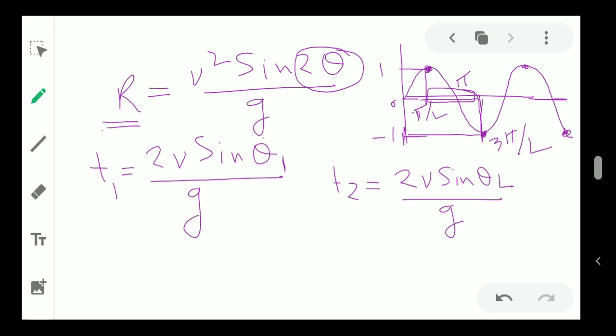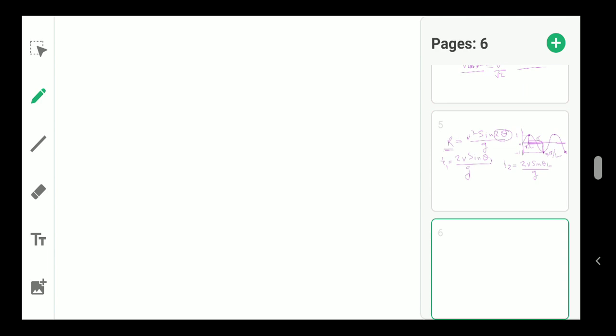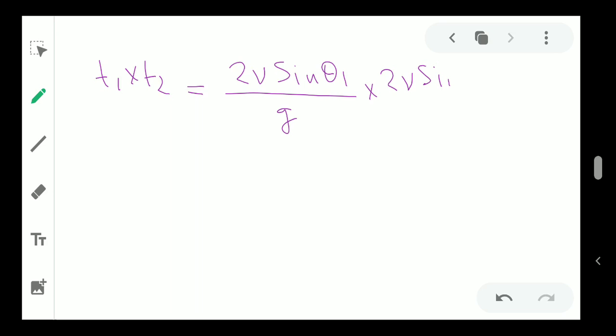Now this R, how can we write it? Let the R be like that. Let me multiply t1 and t2 together. If I multiply them, t1 into t2, I will get 2v sin theta 1 by g into 2v sin theta 2 by g.